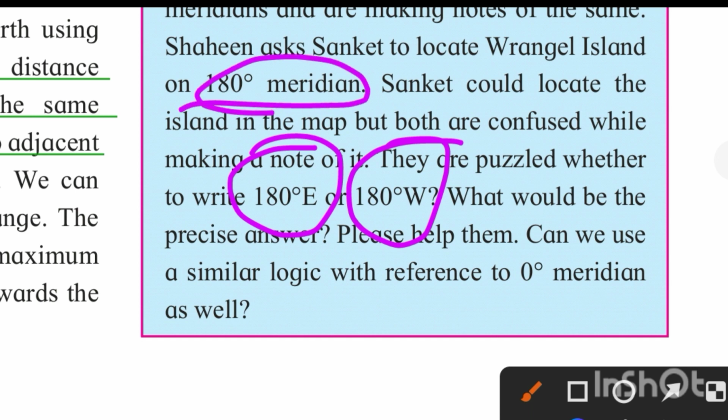They cannot add the word east or west, because the eastern hemisphere is 179 degree east and the western hemisphere is 179 degree west.